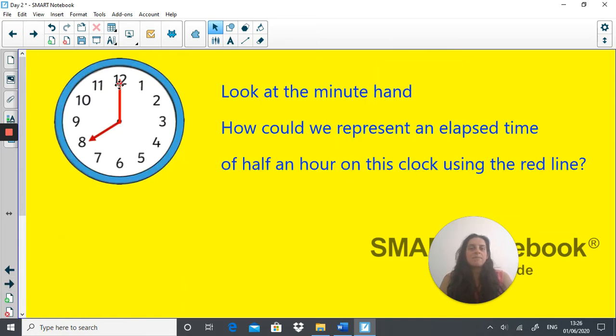Now, let's look at the minute hand here. Where is it? It's the 12. Now, how could we represent an elapsed time of half an hour using a red line? So, if it's 8 o'clock here, after half an hour, it would be 8:30. How can I draw a red line to show that half an hour that's elapsed? Let me show you what I mean when I say that.